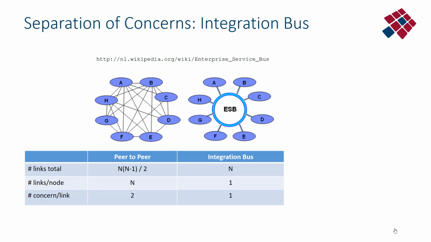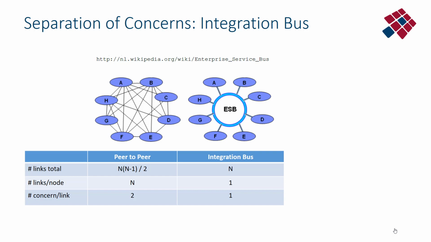So it's not just the number of connections, which is n times n minus 1 divided by 2 at the left-hand side and n on the right, but it's the additional or marginal effort in adding a component to the bus, which is proportional to the size of the system at the left-hand side and therefore unstable, and which is not proportional to the size of the system at the right-hand side.